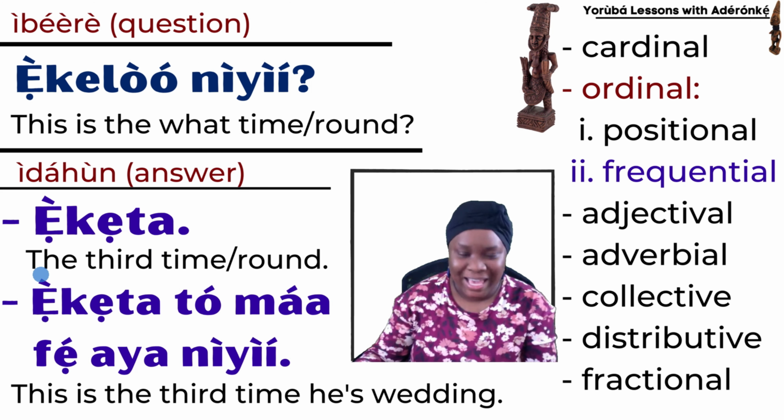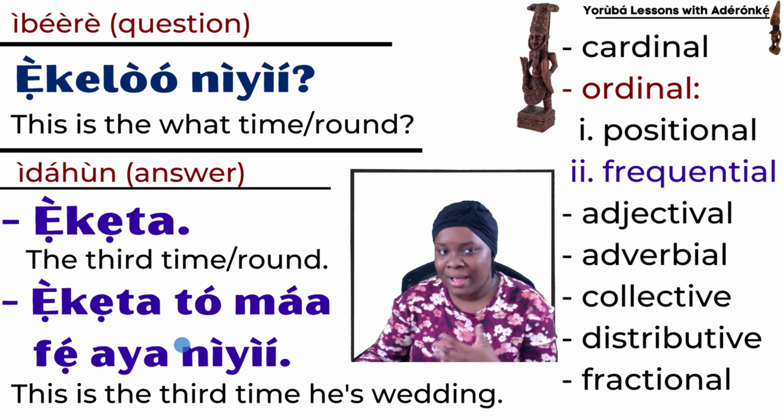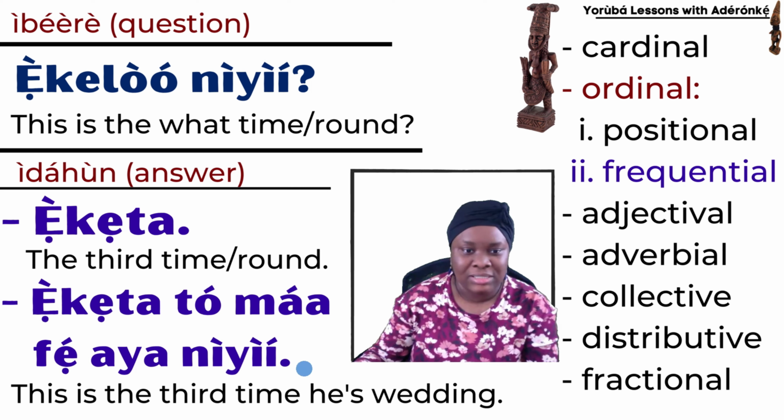If you say eketa, that's sufficient. Eketa, this is the third time, or this is the third round. It's the third time he's getting married. It's the third round of marriage. It's fine. But if you want to say a full sentence, specifically in the situation that I've described, you can say eketa to ma fe aya niyi, or eketa to ma gbeyawo niyi.